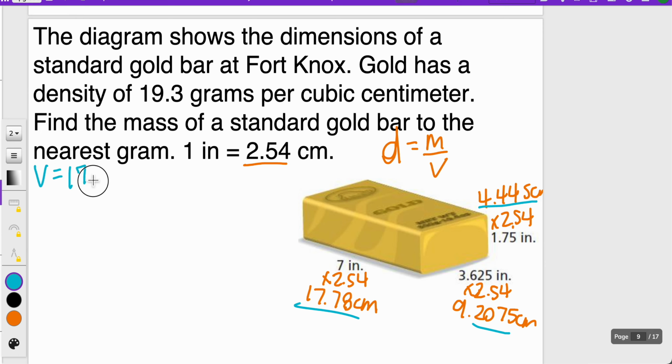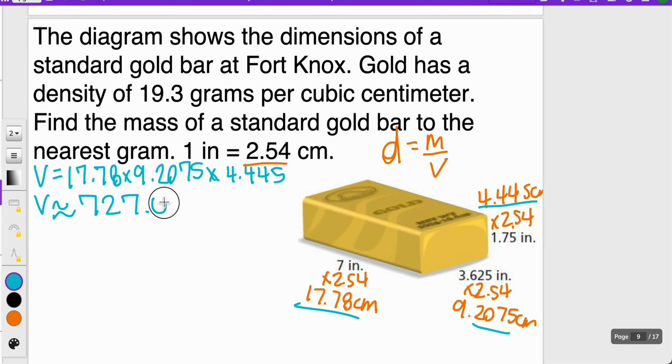So I'm going to multiply my 17.78 centimeters times my 9.2075, that's area of the base, and then times the height, 4.445. That volume rounded is going to be about 727.69 cubic centimeters. Now I'm going to take that and plug it into my formula with density to find the mass.